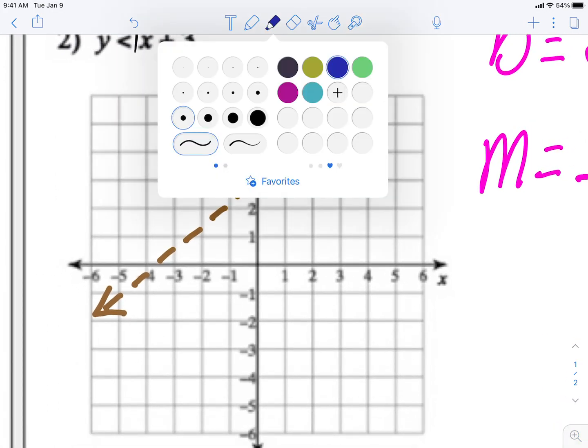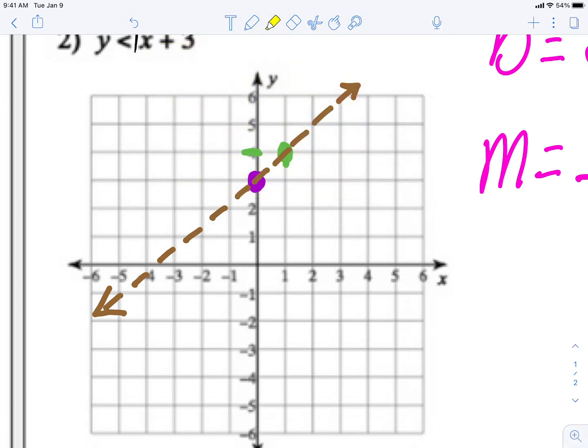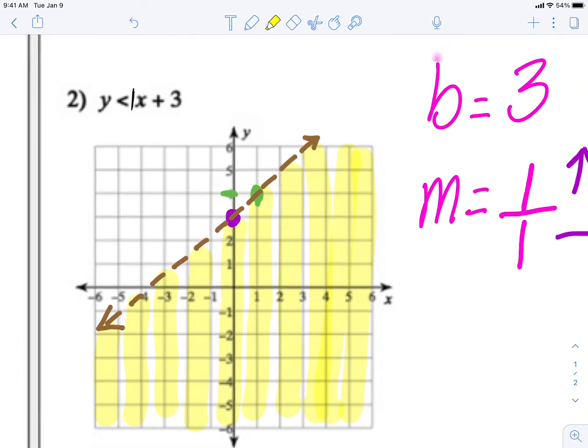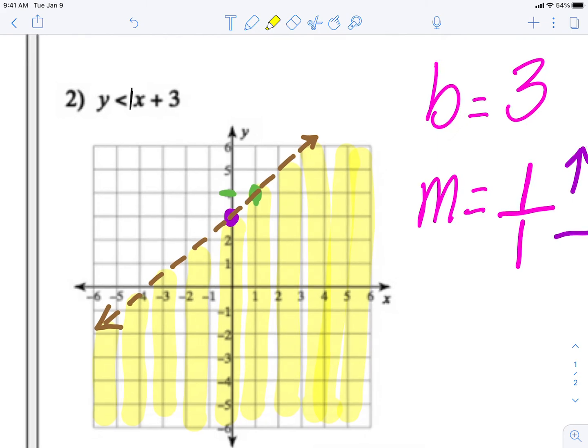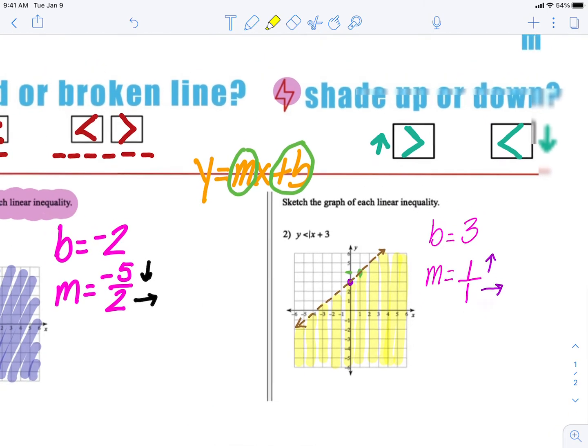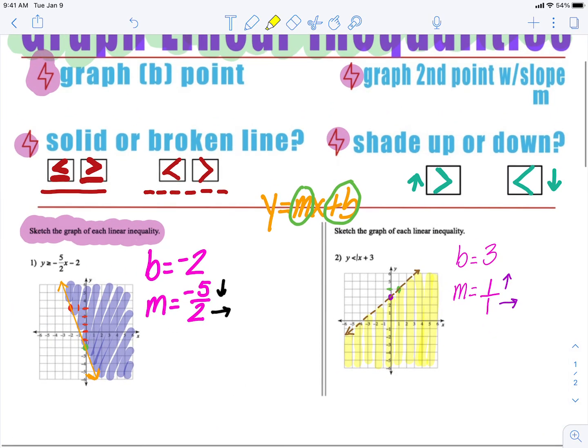So I'm going to go over here, and I'm going to shade below, down, below my line. So look at that. Below. So everything below the line gets shaded. And there you go. Look at that. We just graphed this inequality. We just graphed these 2 inequalities right here.